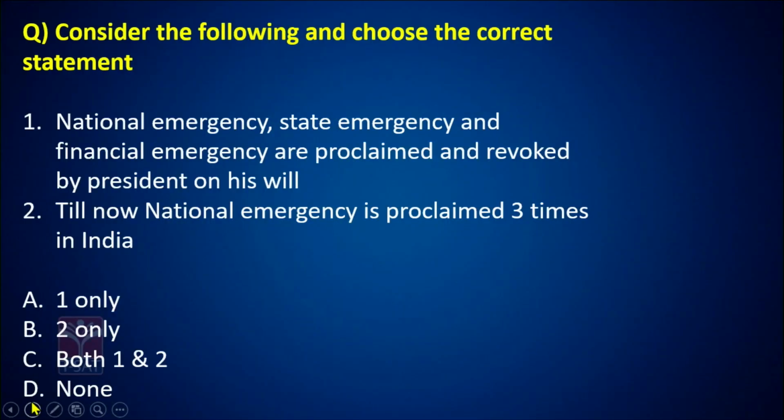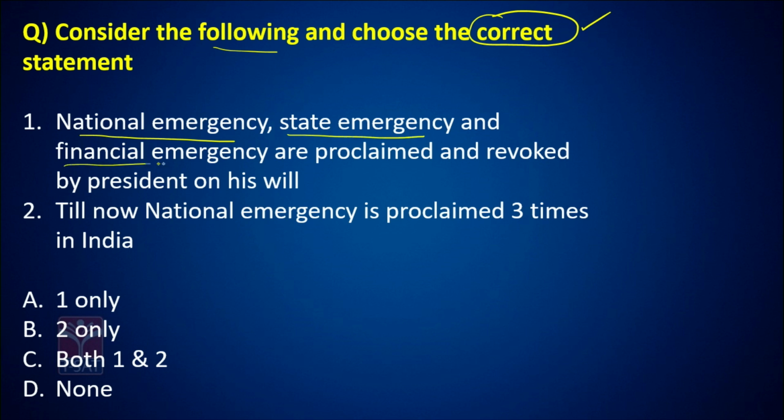Now look at the question, friends. It says, consider the following and choose the correct statement. See, these keywords are very important. You need to round them up. Consider the following and choose the correct statement. There are two statements given. National emergency, the state emergency and financial emergency are proclaimed and revoked by the President of India on his will.